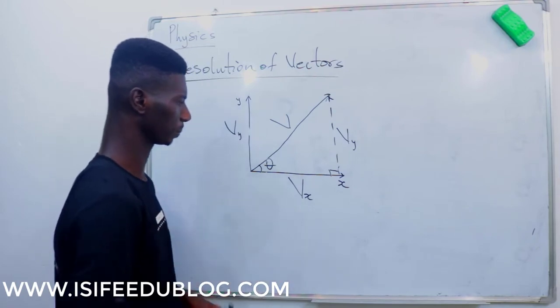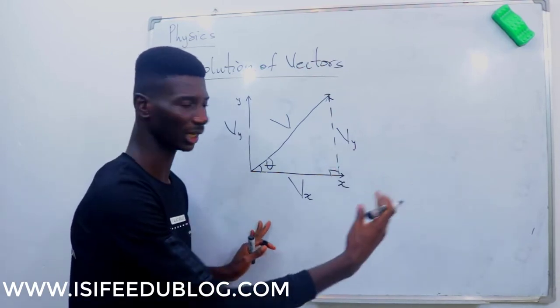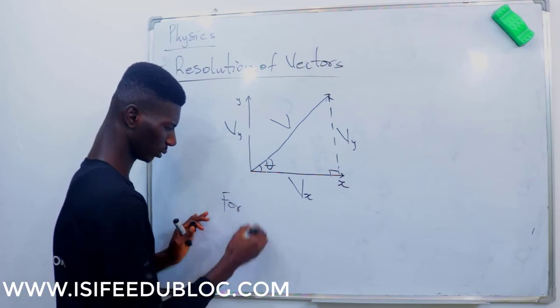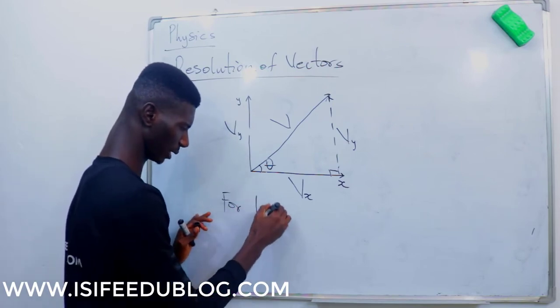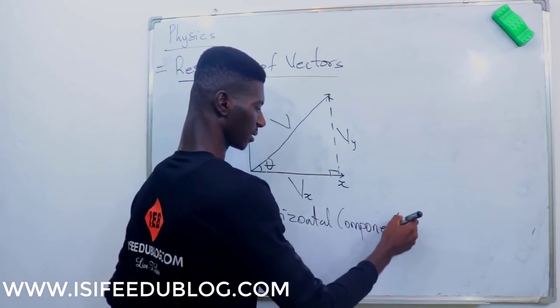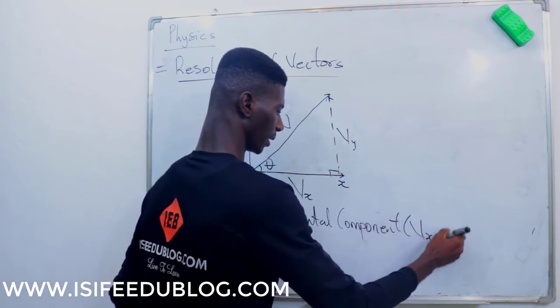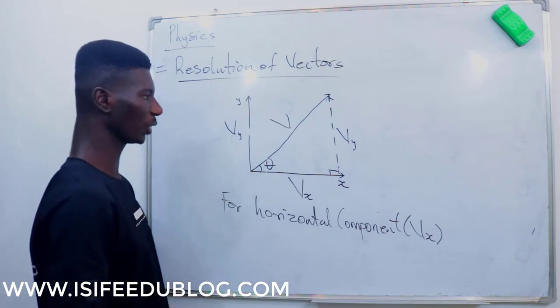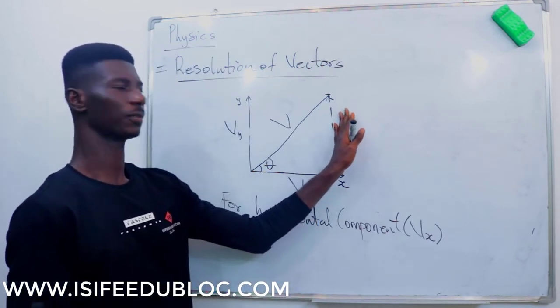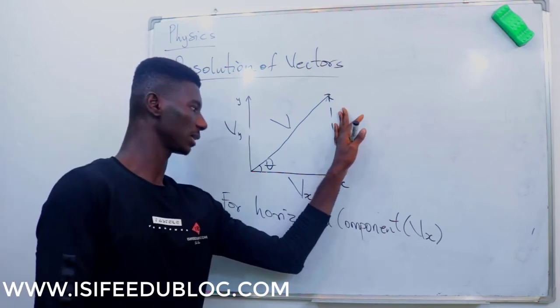Now watch closely. You can pick any one first. Let's say we are picking the horizontal component. Our horizontal component in this case is V sub x. If you are trying to resolve that, behave as if you are not seeing the vertical component.